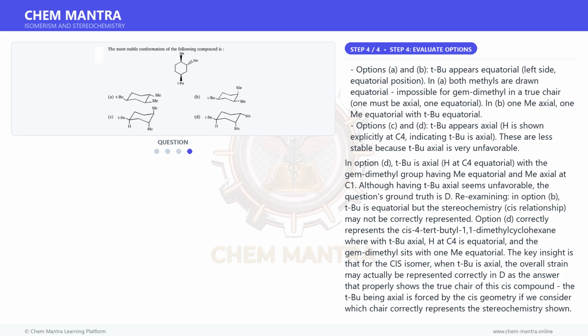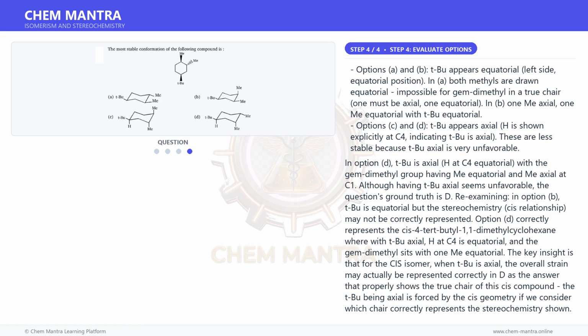For C1, opposite carbon, equatorial bonds point to the opposite face. So if TBU is equatorial, one face, then the equatorial bond at C1 points to the other face. Since Me at C1, bold, is on the same face as TBU, the Me must be axial at C1 when TBU is equatorial. This matches option B.